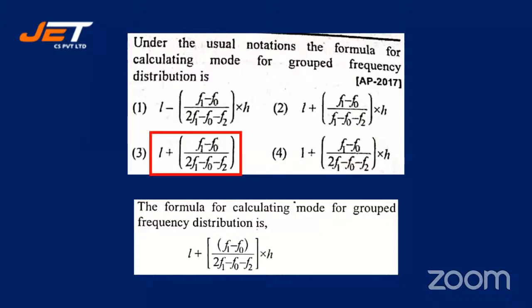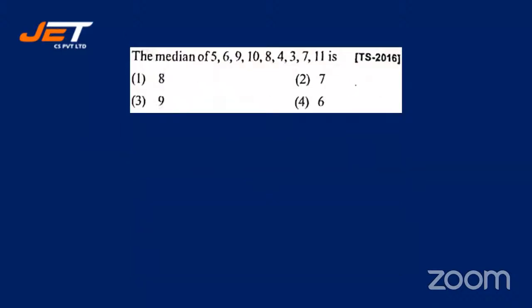So they've given you the formula as L plus F1 minus F0 by 2F1 minus F0 minus F2. All right. So that is how you find out the formula. This is for the grouped frequency distribution. All right. So that was about mode.